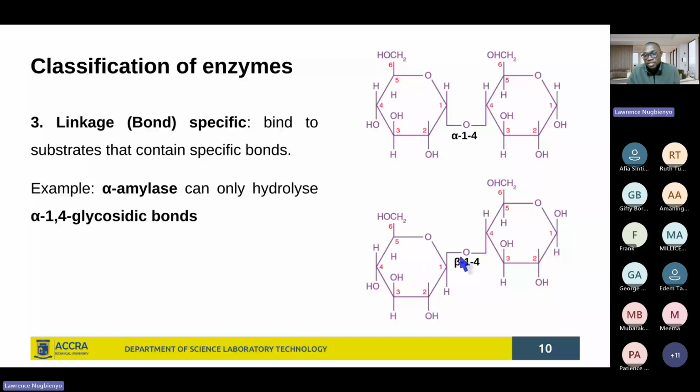And alpha amylase is not able to break down this bond. A common example, again, those of you who were in my biochemistry class in first year, I think I mentioned to you that you have these beta 1,4 glycosidic bonds in cellulose.